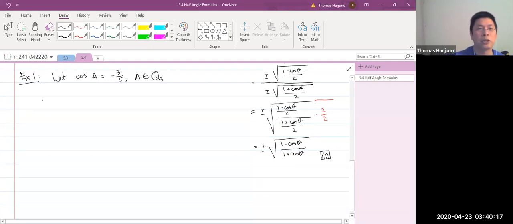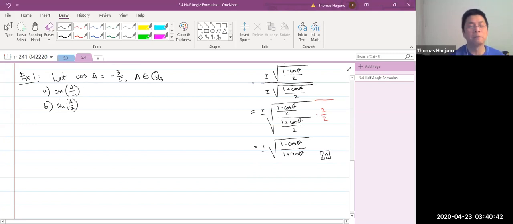Our question is, we need to find what is cosine of A over 2, and how about sine of A over 2? And for the tangent, we can do that too, but you see that if we get these two, we can get the tangent really fast, right?